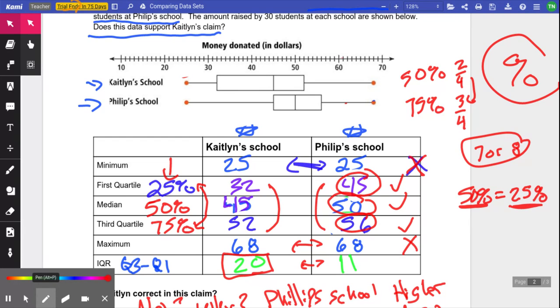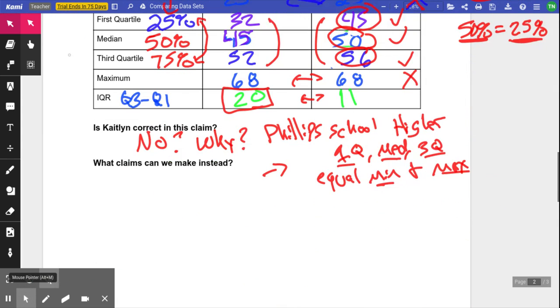Can I find a point where we have an equal piece? Now, those are representing two things, right? For Caitlin's school, this is the median because it's right in the middle of her data. For Philip's school, this is the first quartile. But that helps us make those comparisons. We can talk about percentages and make those claims, say 25, 50, 75%, 100%, things like that. Absolutely advantages and things that we're looking for when we compare the center and the spread, okay?